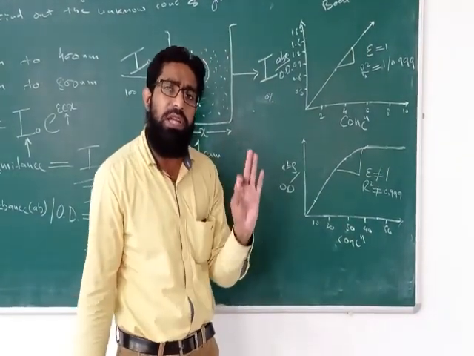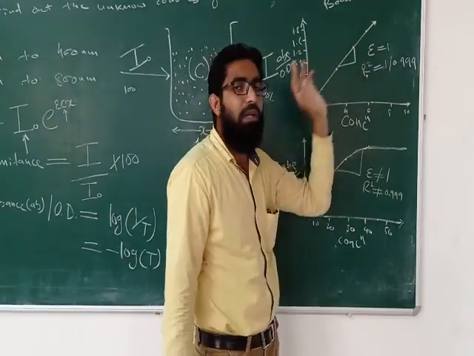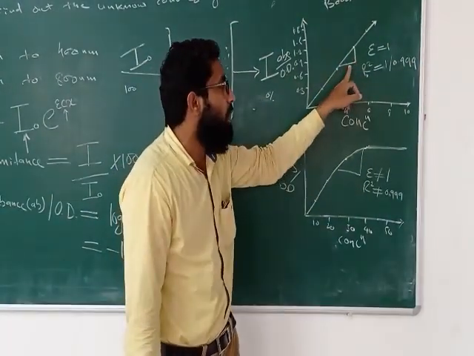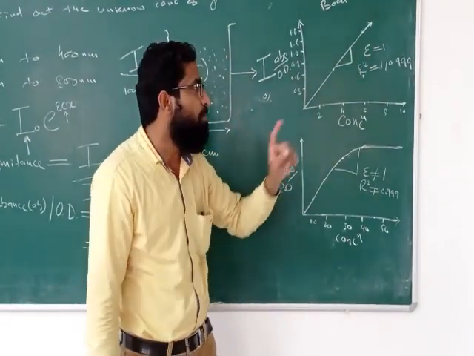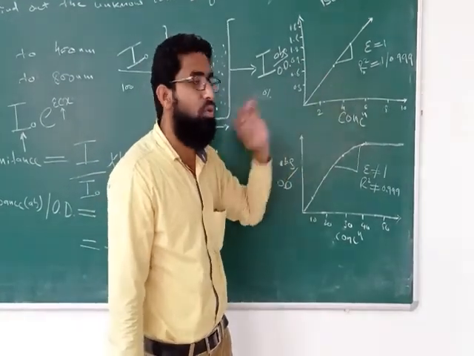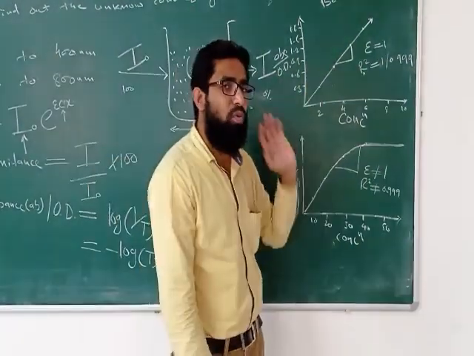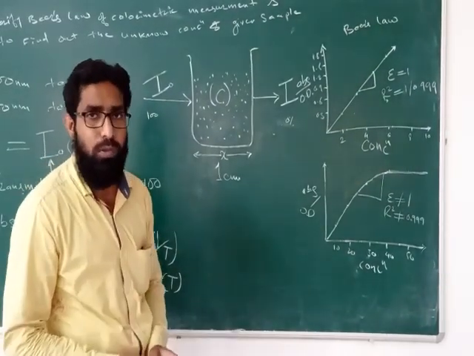Hence, only a dilute solution can obey Beer's law, because the molar extinction coefficient is equal to 1 and the R square value is equal to 1. Okay, this is the ideal situation, and by using it you can identify the concentration of an unknown solution also.